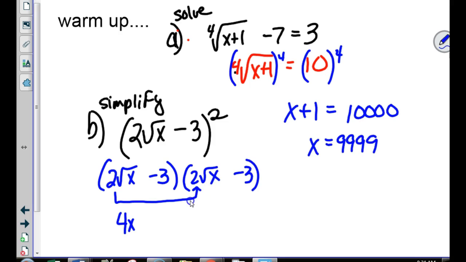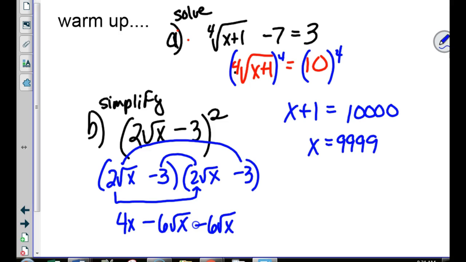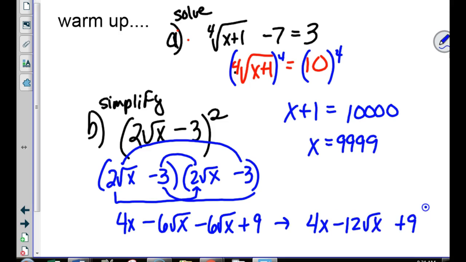We okay? All right, then would I do the middle term here? I get what? Negative 6 square roots of x. This one is also negative 6 square roots of x. And negative 3 times negative 3 is 9. That simplifies. I have a 4x, a negative 12 square roots of x, and a 9, and that's it. Okay? We'll go from there.